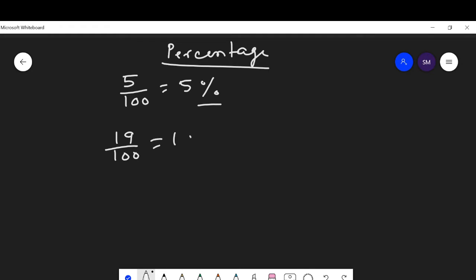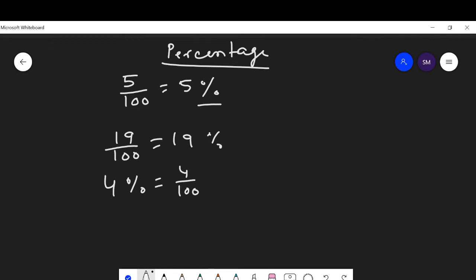This is equal to 19%. The word percent comes from the Latin word percentum, which means per hundred or hundredth. Suppose 4%. 4% means 4 upon 100. Taking any amount out of 100 is called percentage.